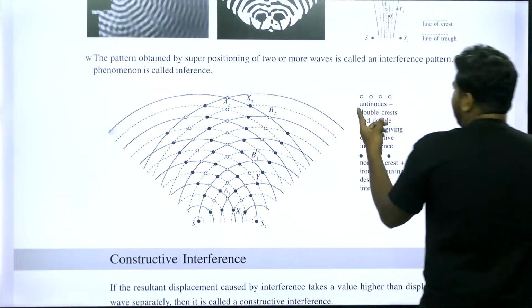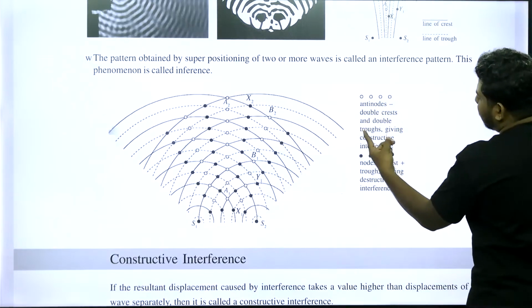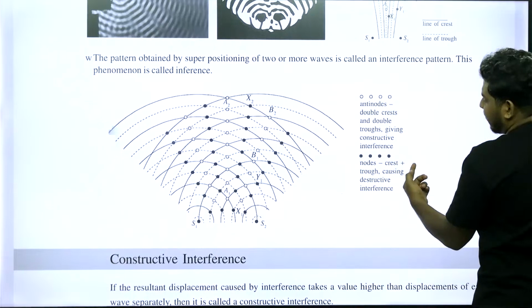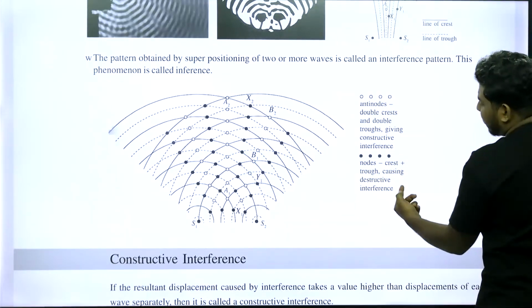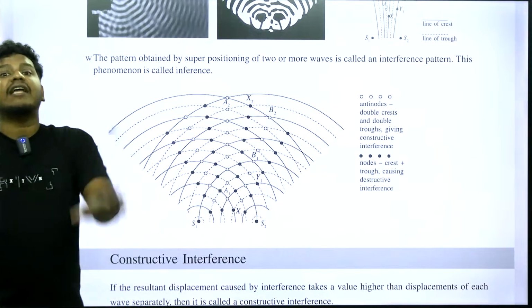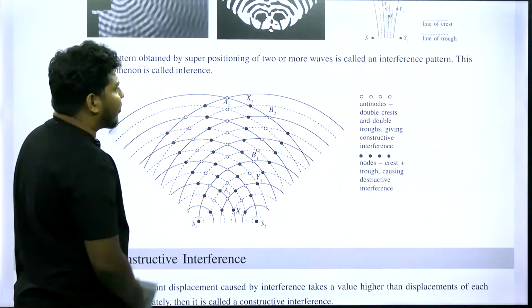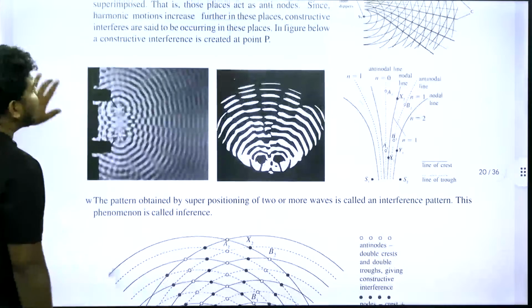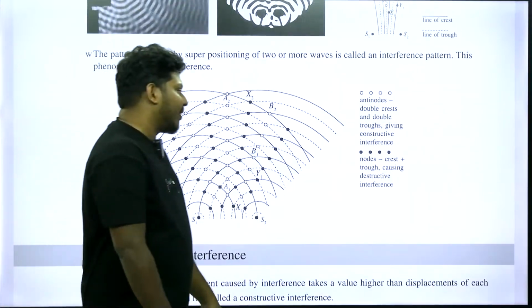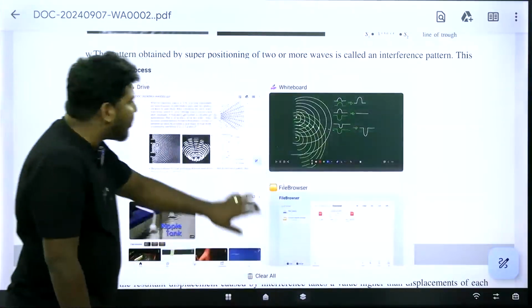Look at this one. These white dots are antinodes, double crest and double trough, giving constructive interference. These are crest and trough, causing destructive interference. So there are two kinds of interference, guys. One is constructive interference. The other one is destructive interference.